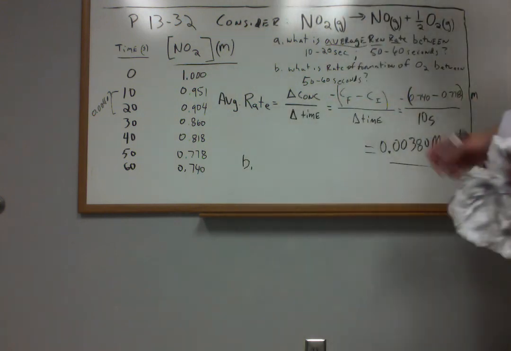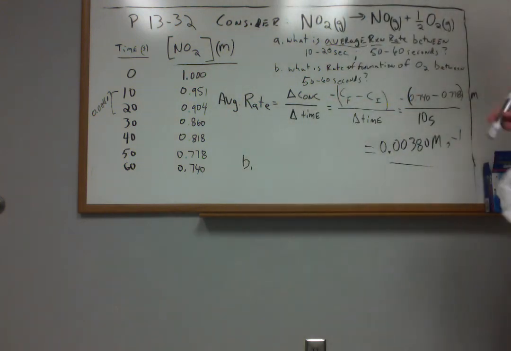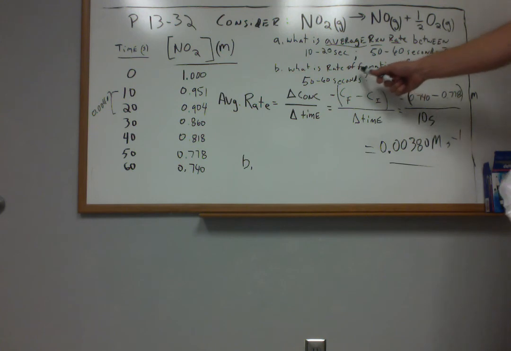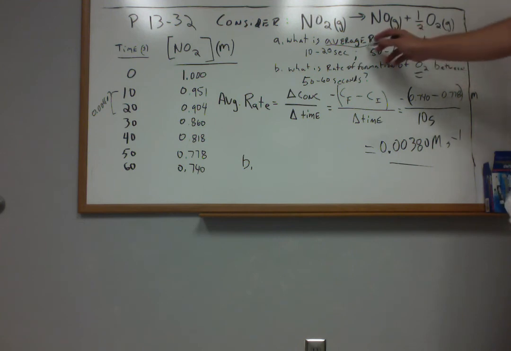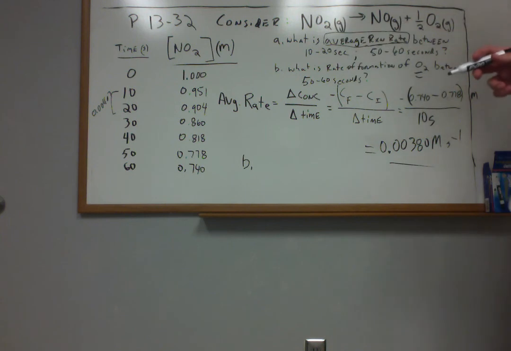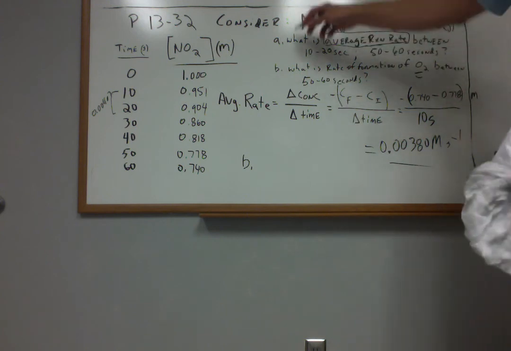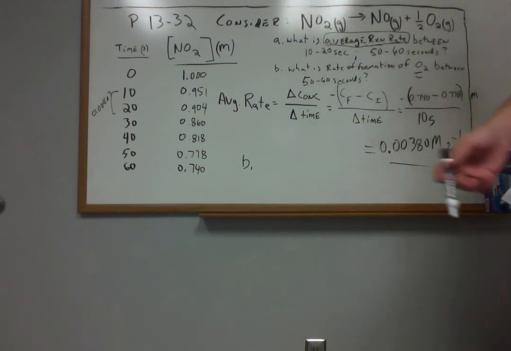So you have to pay attention to the stoichiometric coefficients. In part B, we're asked, what is the rate of formation of specifically oxygen between 50 and 60 seconds? Now, this is not the reaction rate. This is the rate of formation of oxygen. The reaction rate basically normalizes the concentration change per unit time per 1 unit of stoichiometry, if you want to think of it that way.